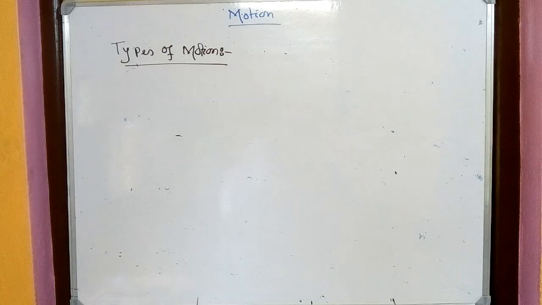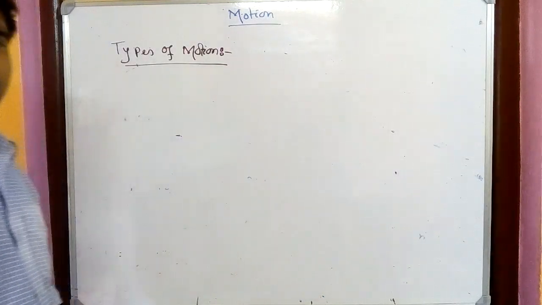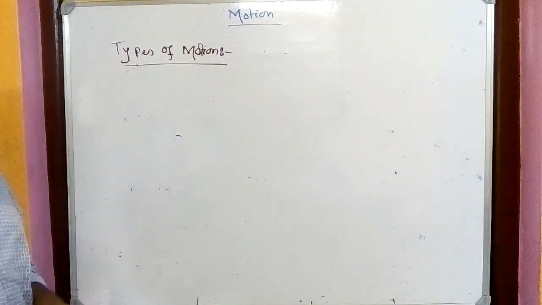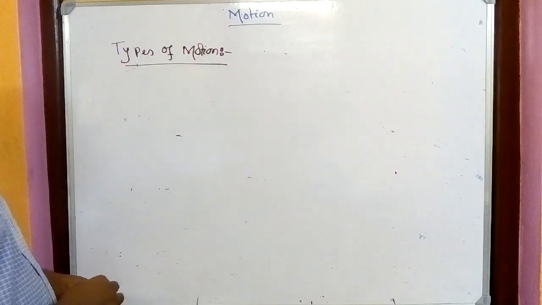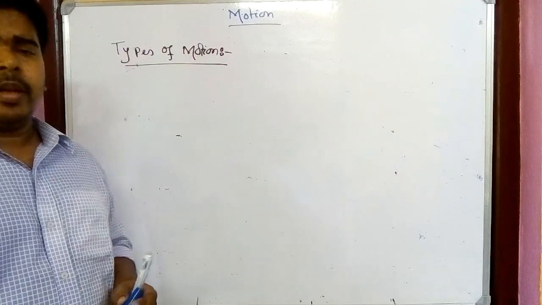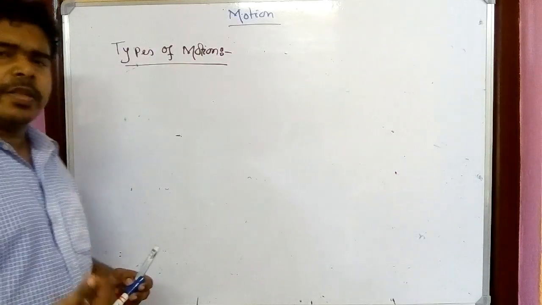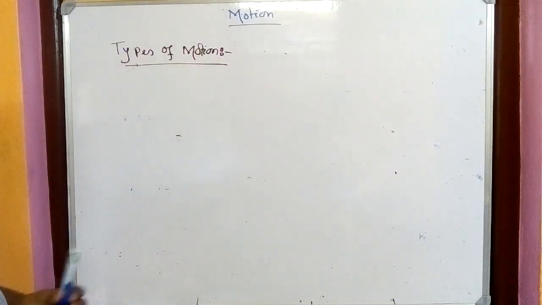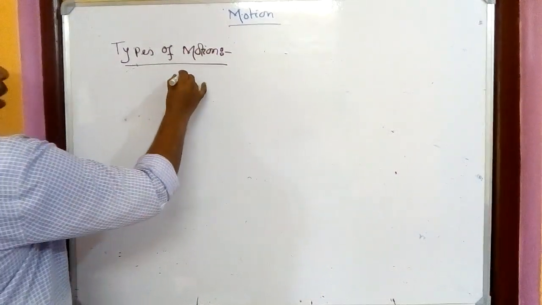Now the next question is, how many types of motions are there? In our book, for those who have got the book, we have learned 8 types of motion. In some books it is 6, in some it is 7, but here we have to learn 8 types of motion.